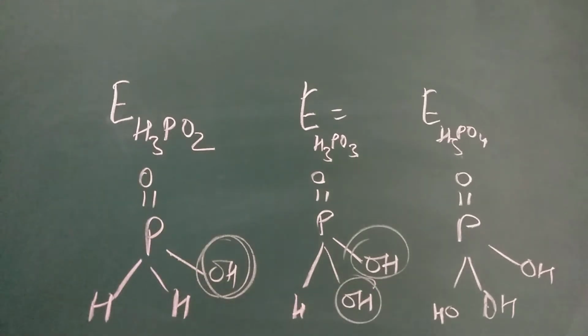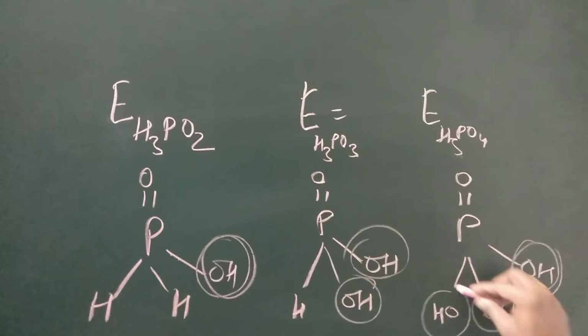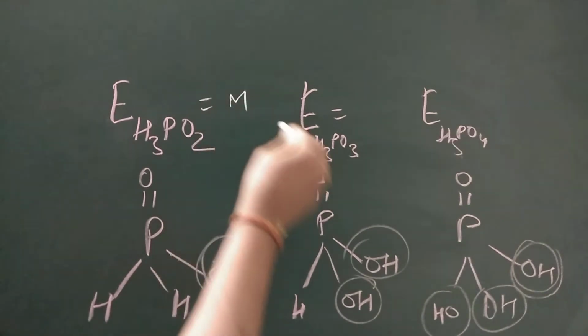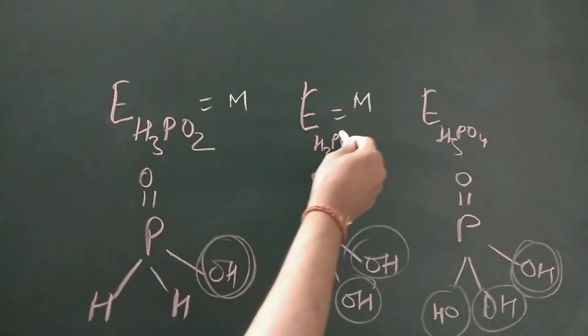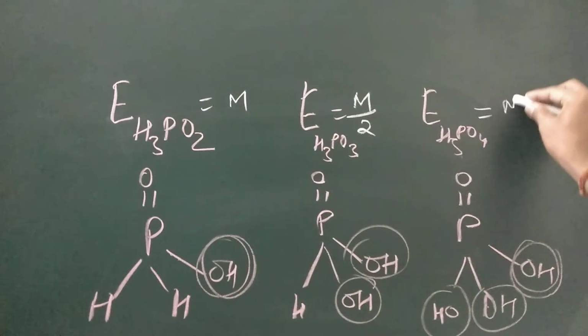Whereas the basicity of phosphoric acid is 3 because it has 3 replaceable H plus ions. So the equivalent weight of H3PO2 is m, whereas for H3PO3 it is m by 2, and for H3PO4 it is m by 3.